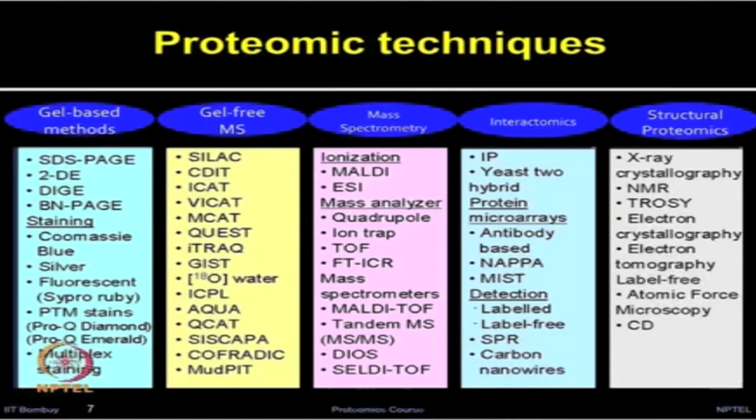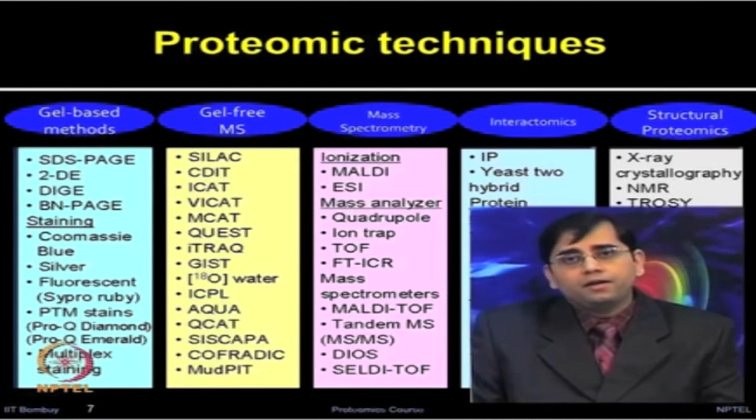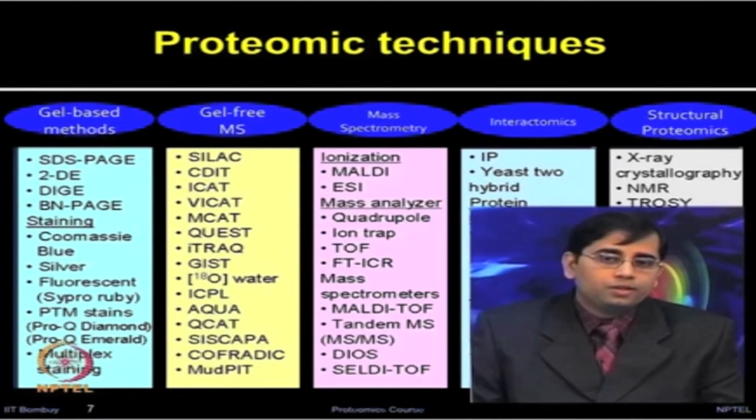The basic mass spectrometry, which is central to the proteomic application, includes different types of ionization sources such as matrix assisted laser desorption ionization (MALDI), electrospray ionization (ESI), and different types of mass analyzers such as quadrupole, time of flight, ion trap, and Fourier transform mass spectrometry.